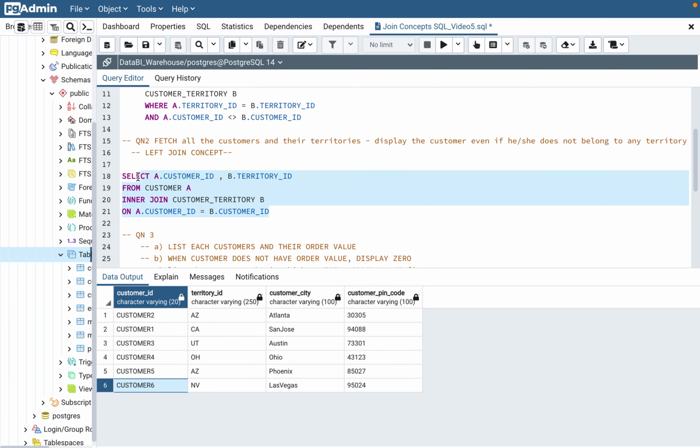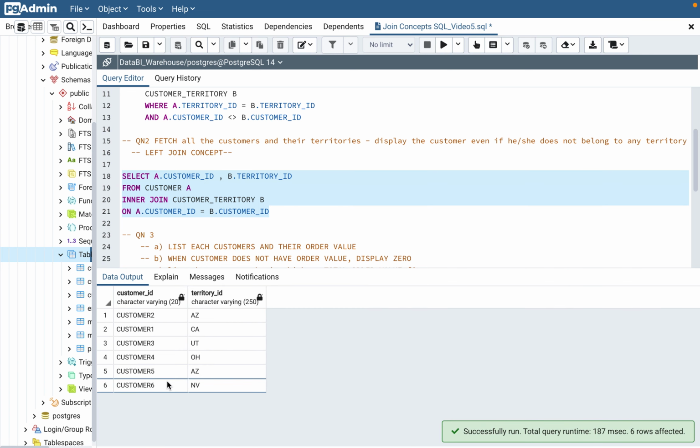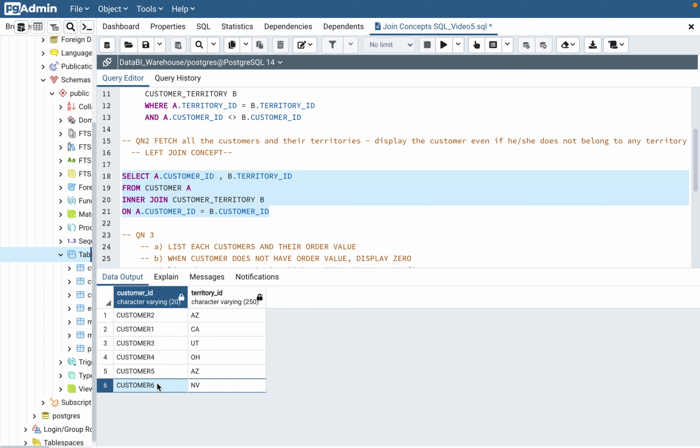If you do that, what is happening? 1 2 3 4 5 6, because it's just finding a match. I have covered inner join obviously in other videos; it's pretty common. Most of the time we use inner join to join the tables and get the matching data. So here 7 is not coming.